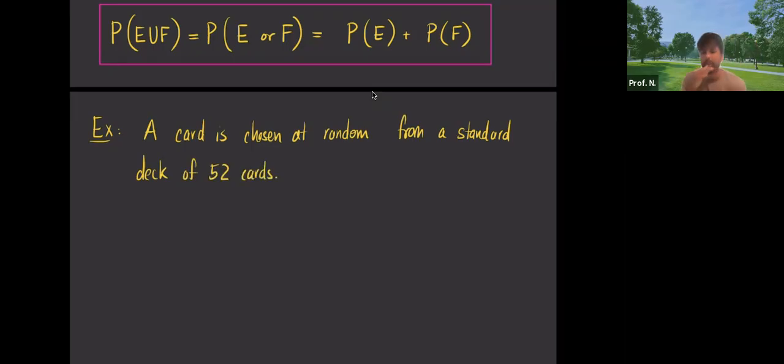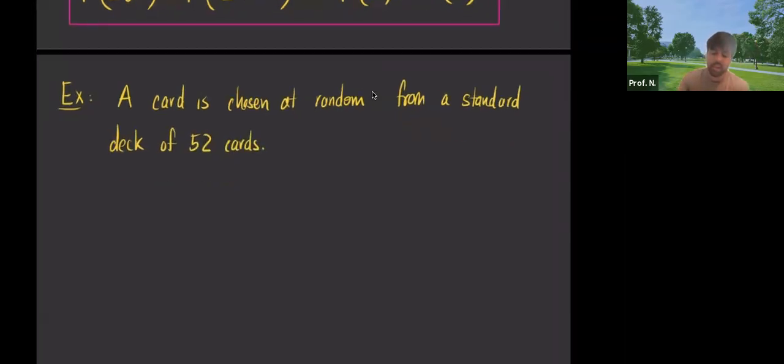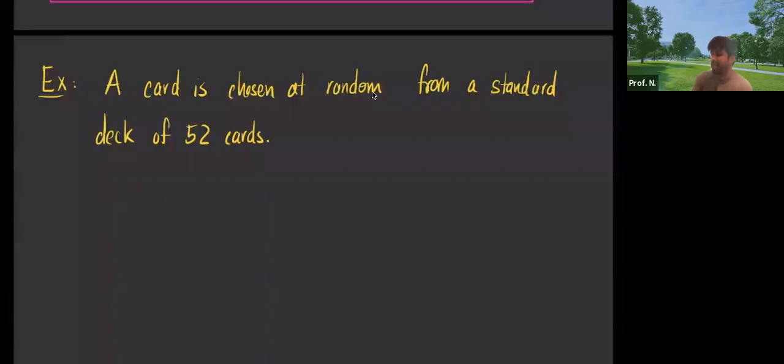For those of you who maybe at this point still aren't clear on what a standard deck of 52 cards is, I'm pretty sure you can buy one at a 99-cent store somewhere, something cheap. It's not that much, so you can have an idea of what it is. If not, you can Google the image, but I'm pretty sure most of you have an idea. So we have 52 cards. We have 4 suits: hearts, diamonds, spades, and clubs.